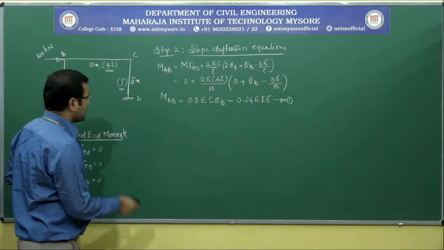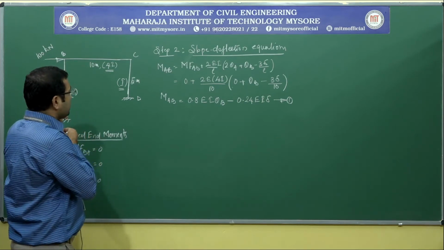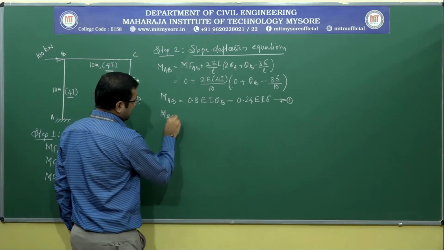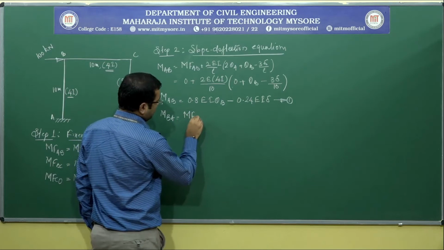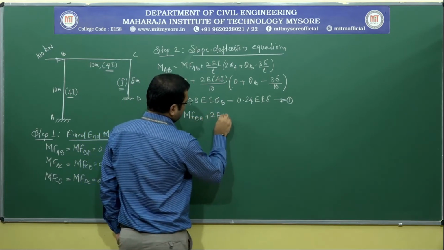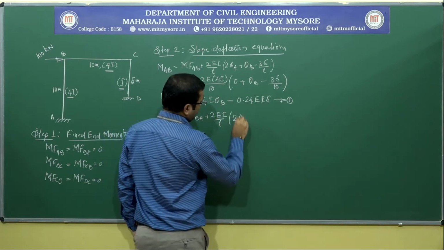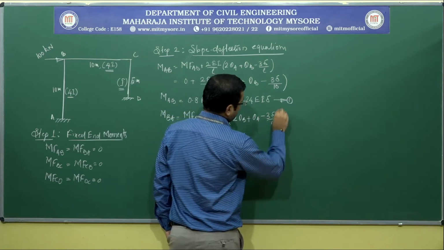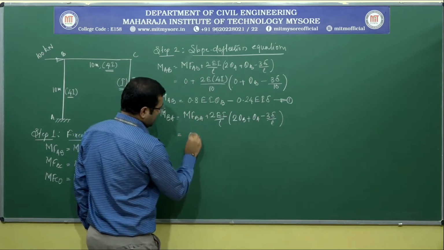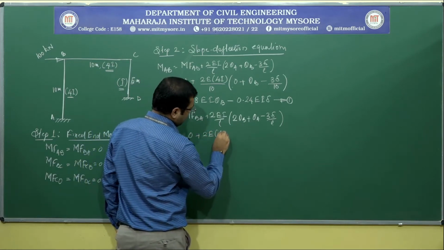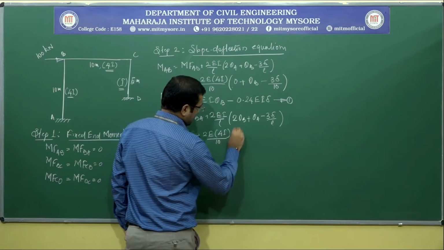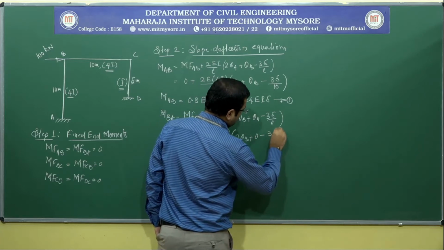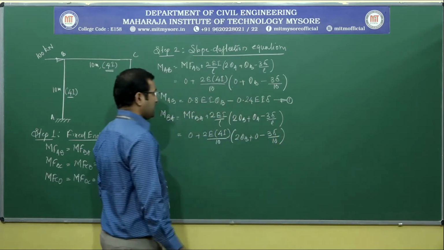Similarly, I need to write the slope deflection equation for MBA. MBA is equal to MFBA plus 2EI by L into 2 theta B plus theta A minus 3 delta by L. So here MFBA is 0 plus 2E into I value is 4I divided by L is 10 into 2 theta B plus theta A is 0 minus 3 delta by L is 10, right.